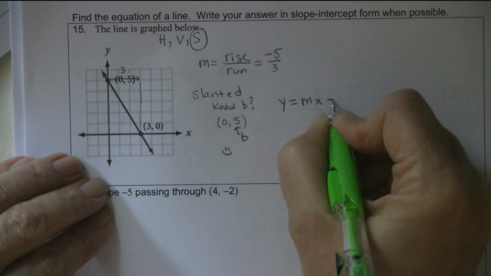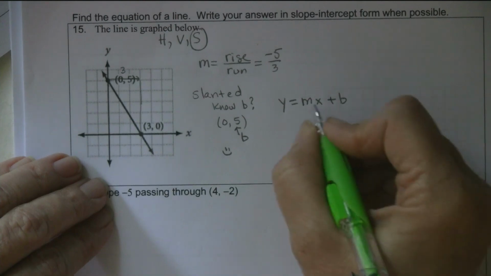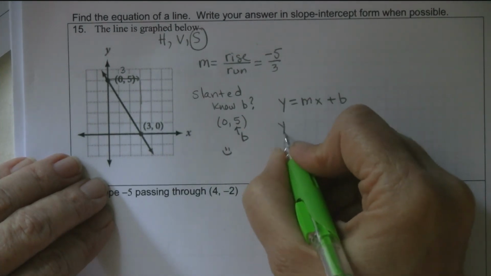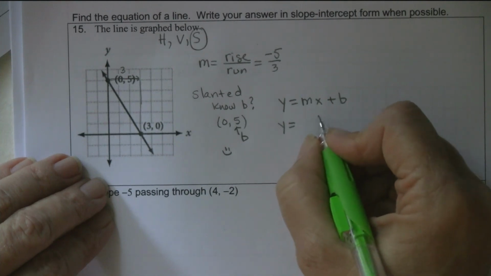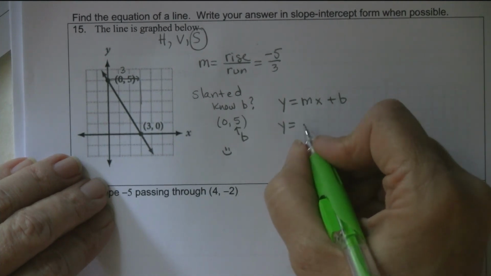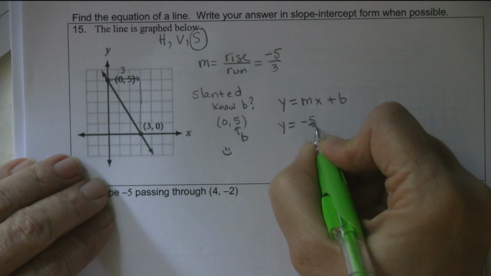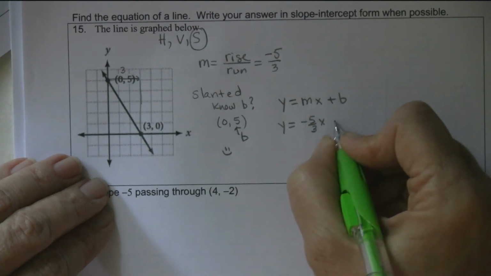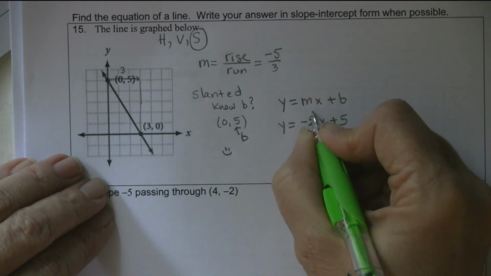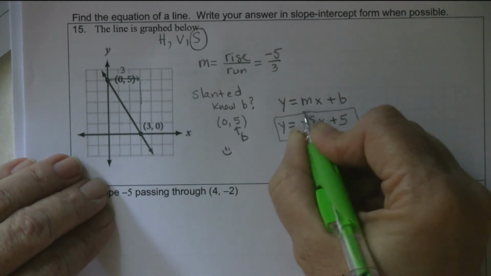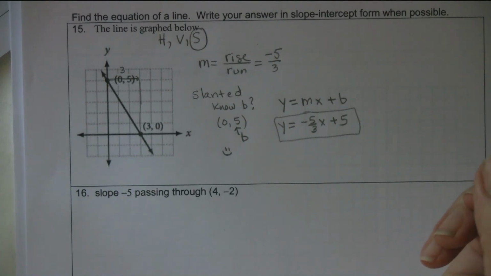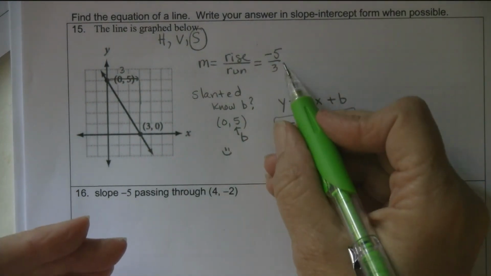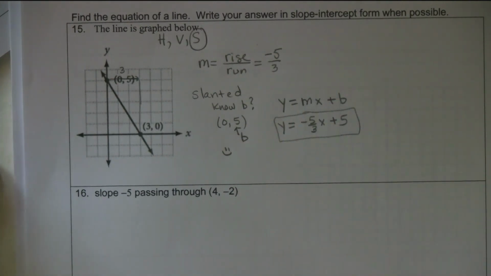This is the equation builder, and all you have to do is plug in what you know m is and what you know b is. The equation of the line has y in it and has x in it. So I'm plugging in the number for m, negative 5/3 x, and the number for b, plus 5. So there's the equation of the line. And that's all they asked me to find. But I had to find the slope in order to find the equation of the line.